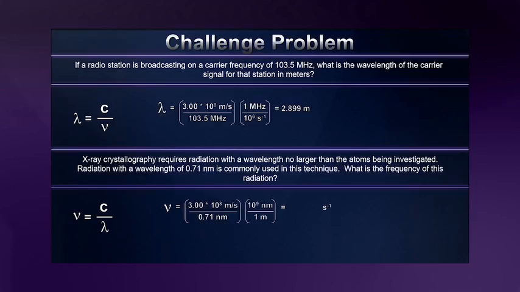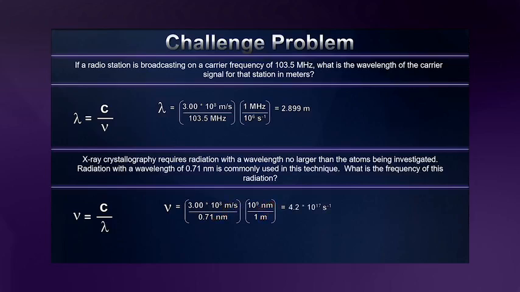And of course, I'm going to have to remember that in this case, I'm dealing with a wavelength that was given to me in nanometers, but the speed of light that we used was in meters per second. So to correct for that, I'm going to put in a factor of 10 to the 9th nanometers equal to 1 meter. Unit analysis tells me that nanometers will cancel, as will meters, leaving me with reciprocal seconds.